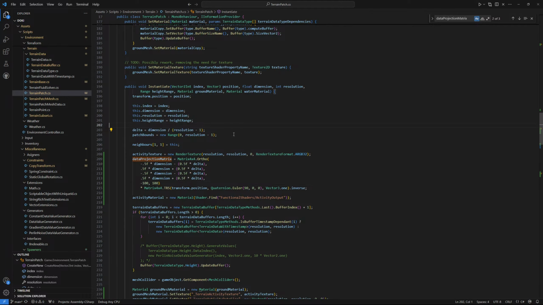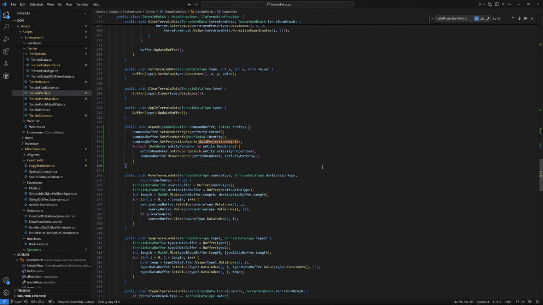The projection matrix here is going to be the same for all terrain patches.